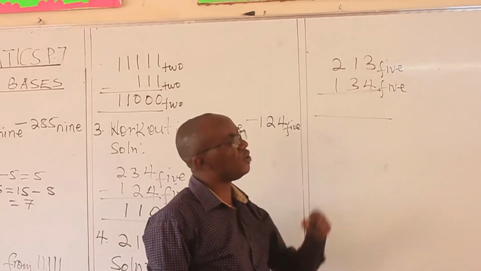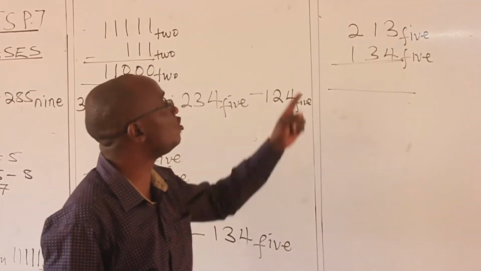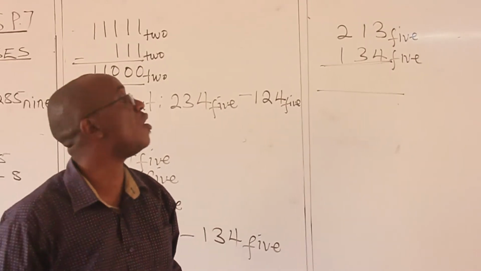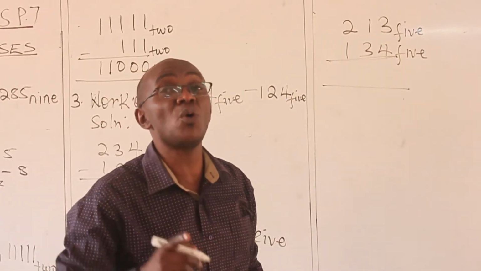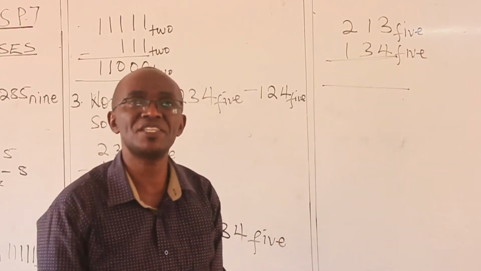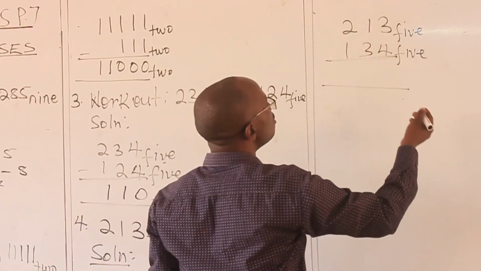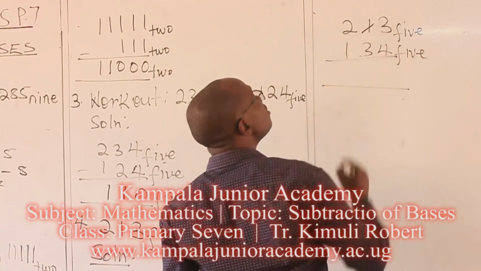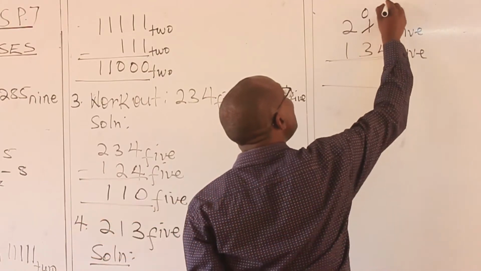Oh, 3 minus 4. Is that possible? No, because 3 is less than 4. So we move to the next place value and borrow. We are in base 5, so we borrow 1, but that 1 we borrow contains 5. There is 1 five. When I borrow it, I remain with 0, but I have taken a 5.